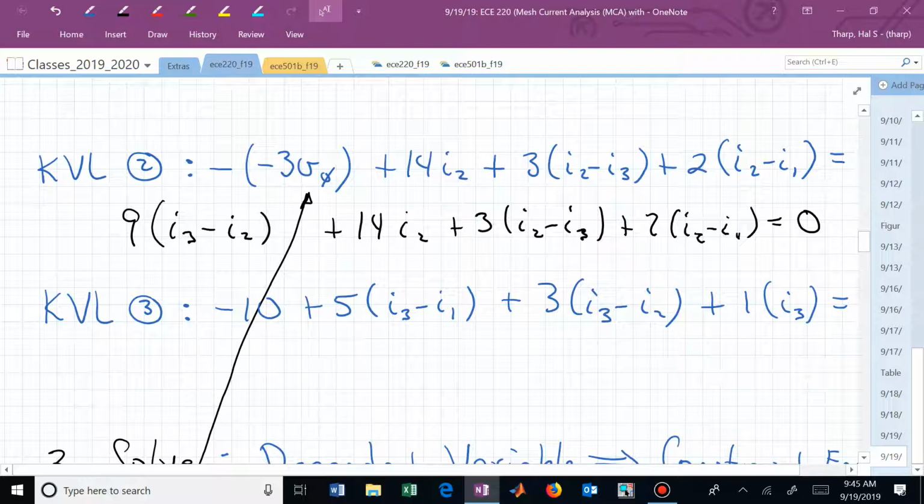That contains only the unknown mesh currents, I1, I2, and I3, and make sure I keep my subscripts correctly identified and the coefficients.